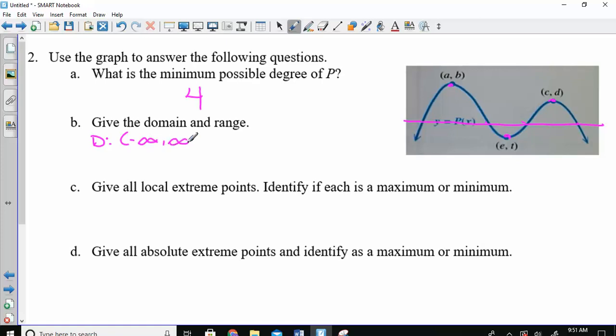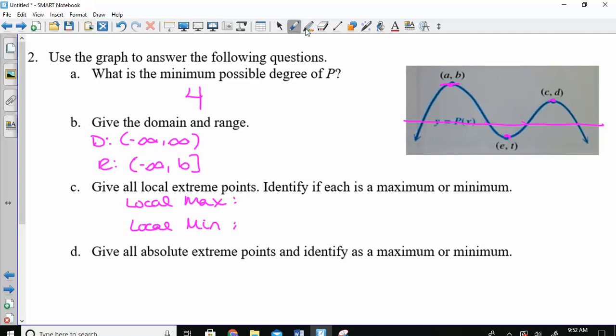Alright, keeps going both directions. Range. Yeah, it's point AB, so the y value of that is just B. Okay, then we did local max and local min.